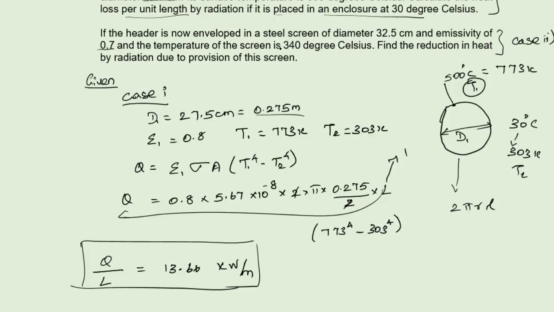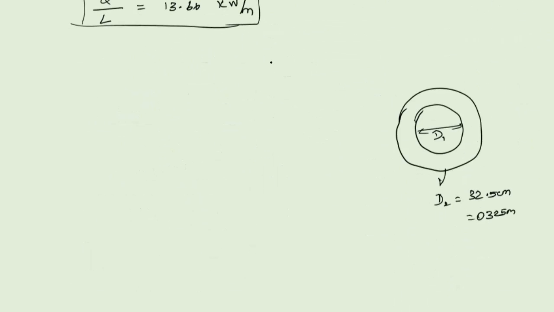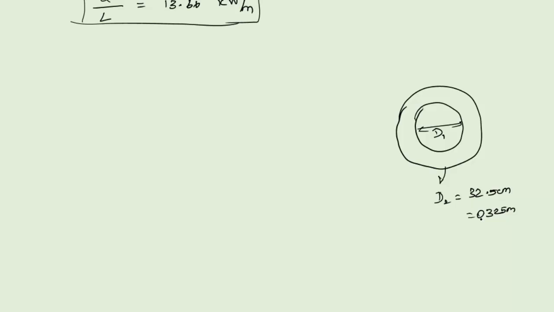Then find the reduction in heat transfer due to provision of this screen. So in the second case you have to substitute D2 as 0.325 meters and epsilon S, the screen emissivity, is 0.7, and the screen temperature Ts equals 340 degrees Celsius.